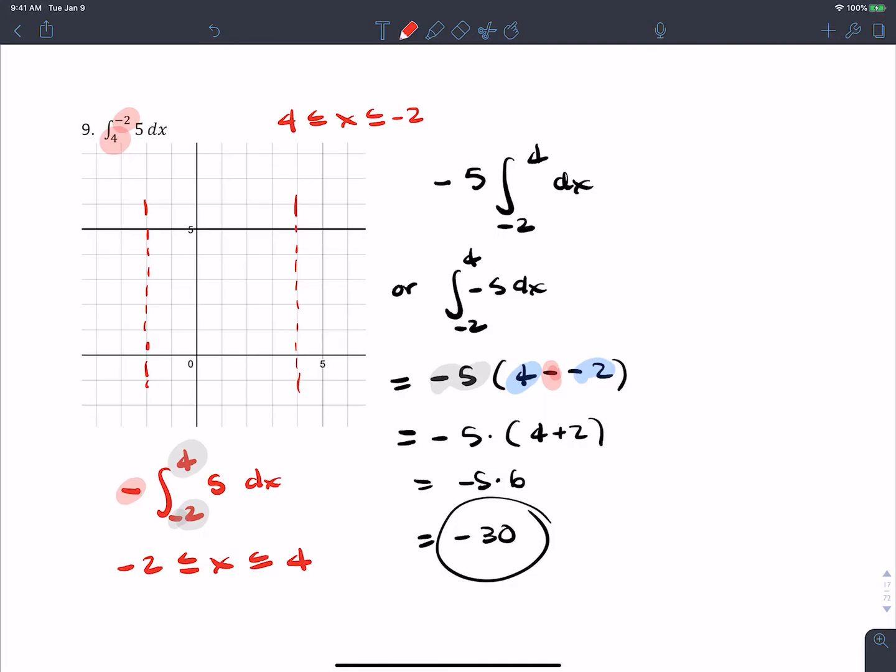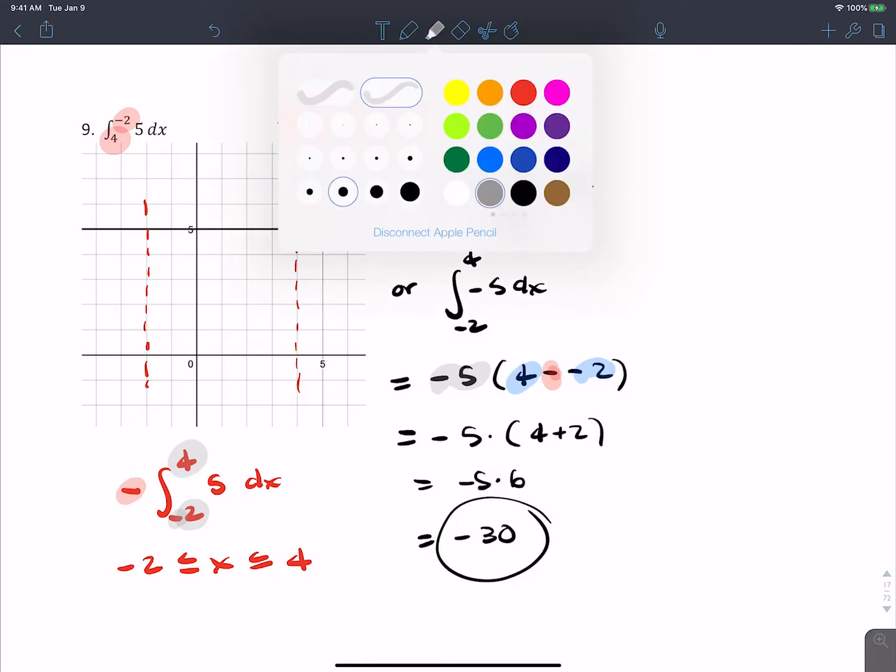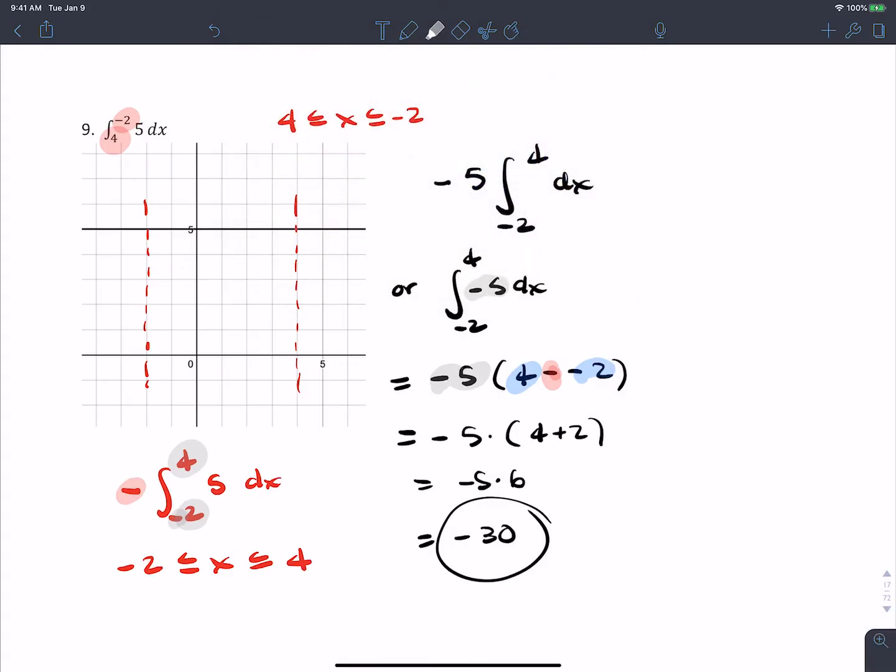I mean, we could write it that way, but the real function is going to be negative 5. Okay, you guys okay with this? So it's really a negative 5 function, not a positive 5 function. So you might say, well, where's negative 5? It's below the x-axis. This is why your area is what? Negative.